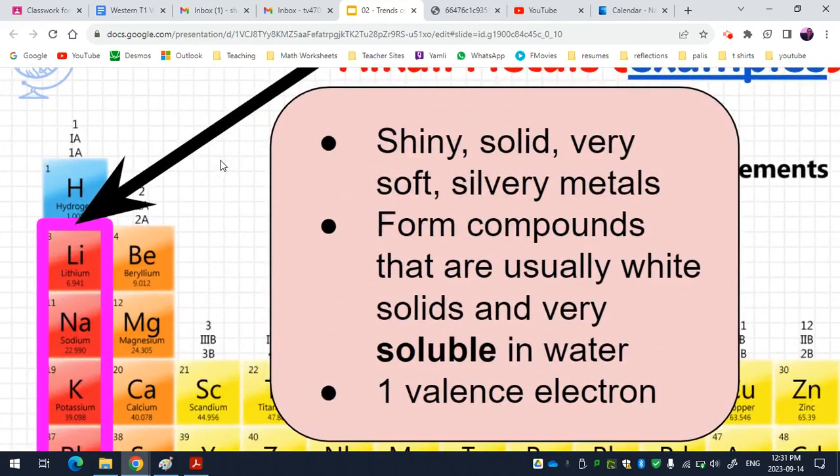What properties do alkali metals have? Well, they're shiny. What does shiny mean?